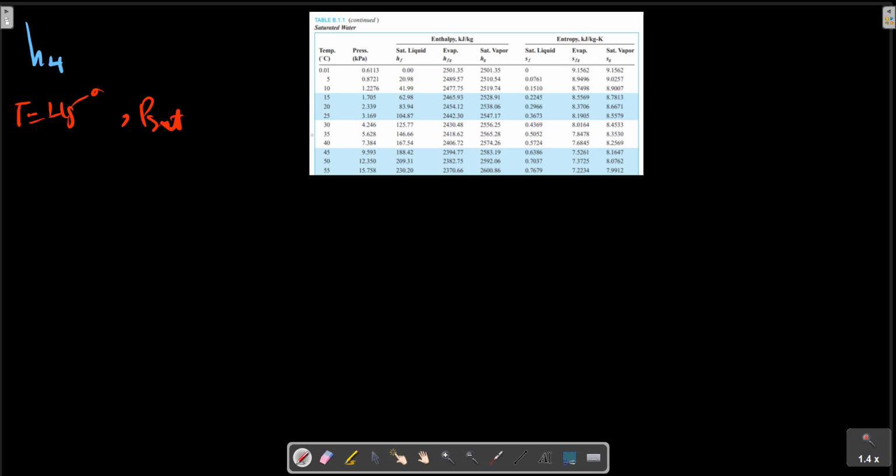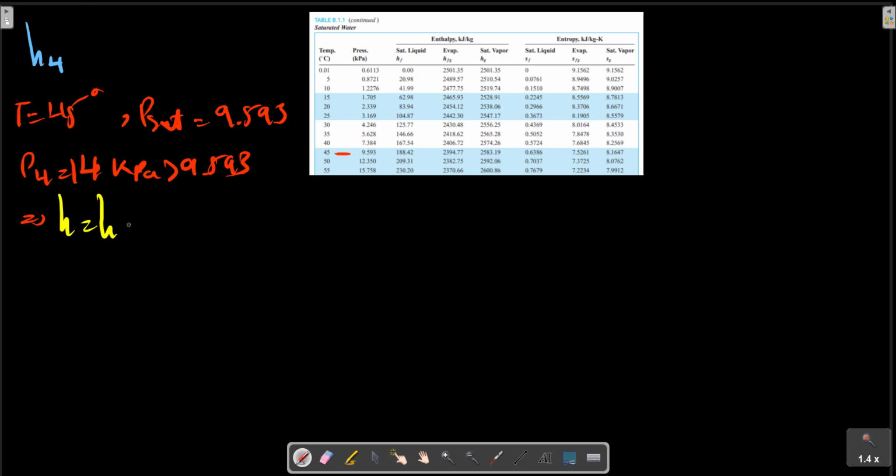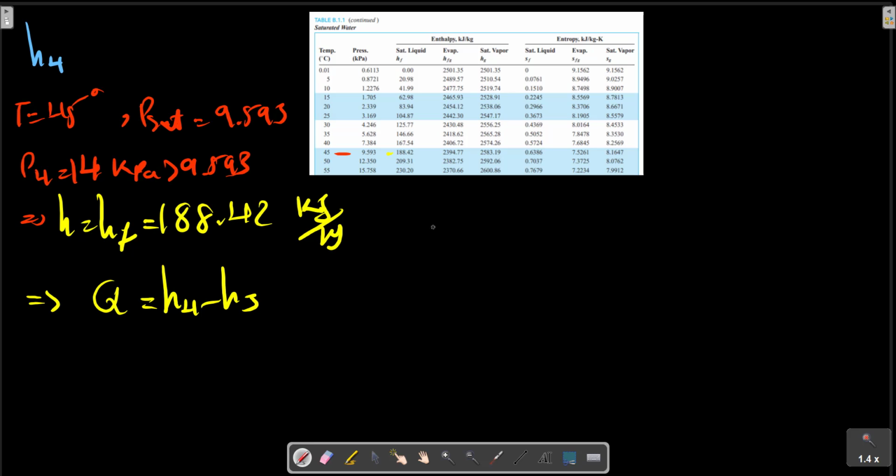P saturated is lower, and P4 is 40 kilopascal, greater than that, so our H equals the saturated liquid HF, in kilojoule per kilogram. The condenser Q equals H4 minus H3.